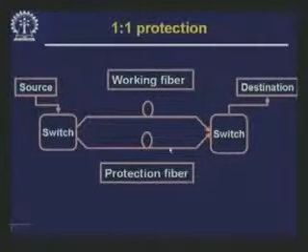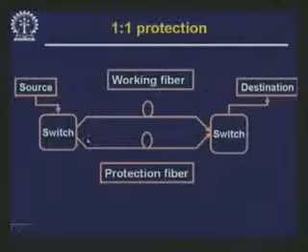So, why is it shared? Well, the point is that since this protection fiber is not a hot standby, meaning it is not carrying any signal under normal circumstances, you could share this path with something else.